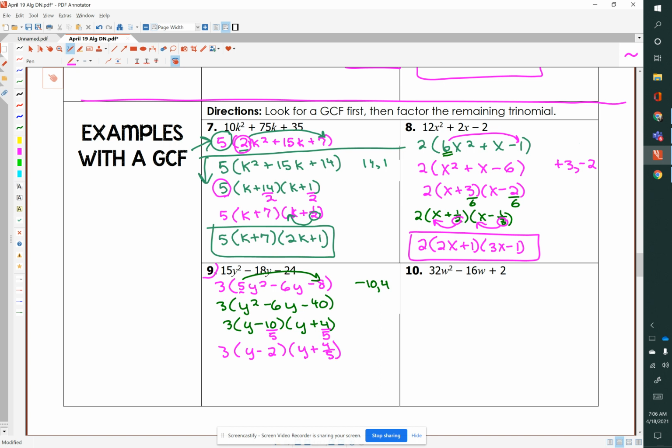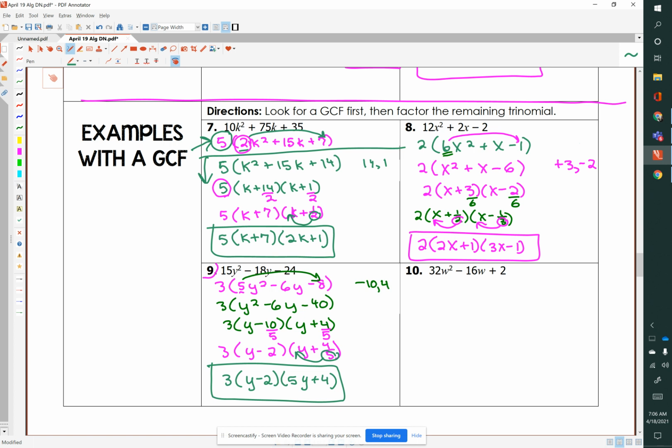So I have one denominator that I will slide back up in front of the y, giving me a final answer of 3 times the quantity of y minus 2, and then the quantity of 5y plus 4 as a final answer. Great job.